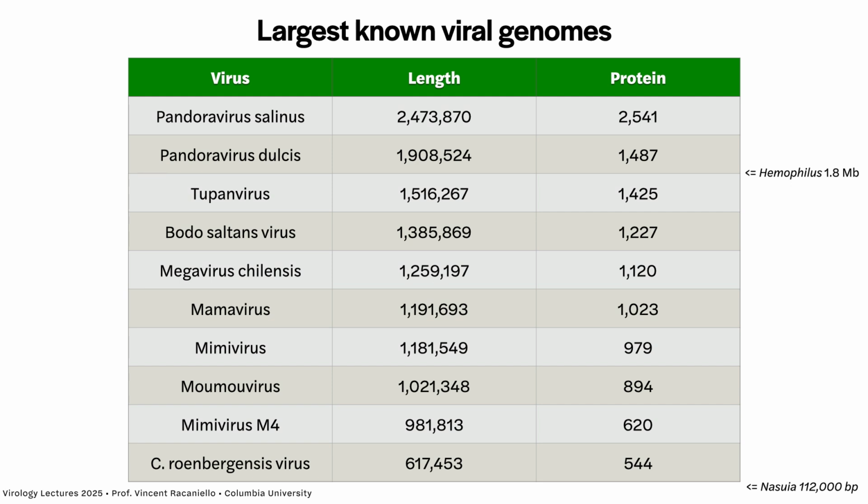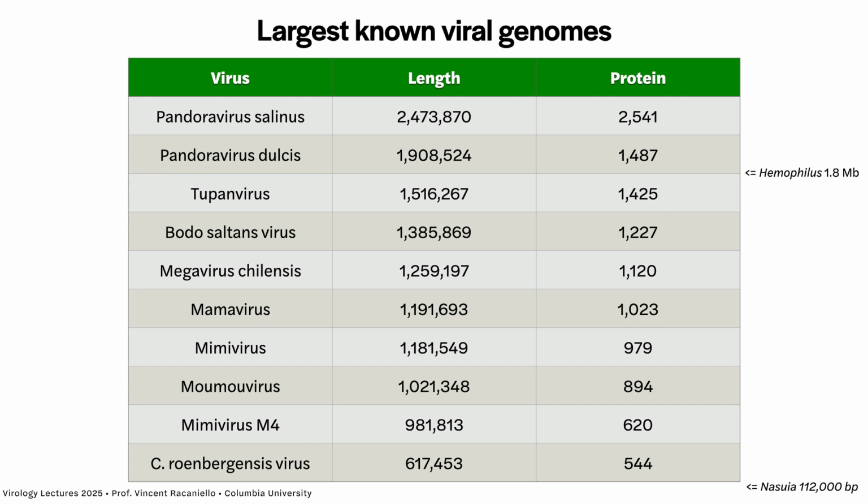It's huge. The next one down is Pandoravirus dulcis, 1.9 million base pairs of DNA. And there's Tupanvirus that encodes all those translation proteins. And then many other viruses down to 600,000.